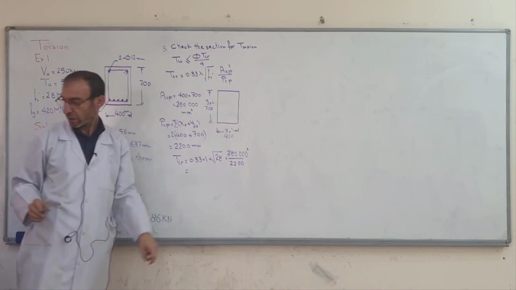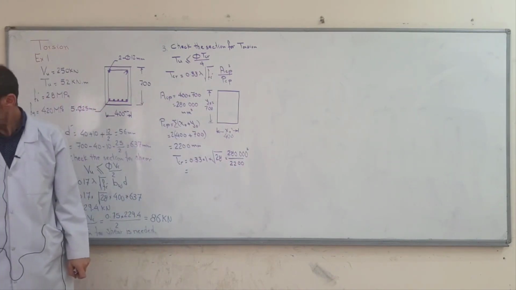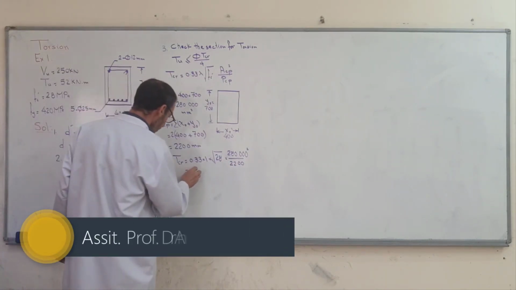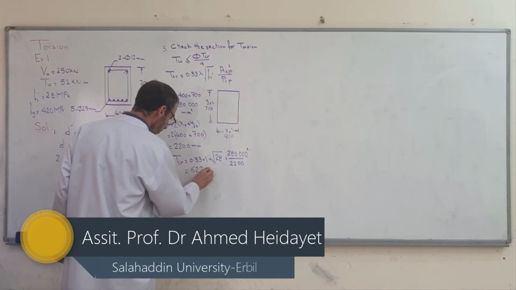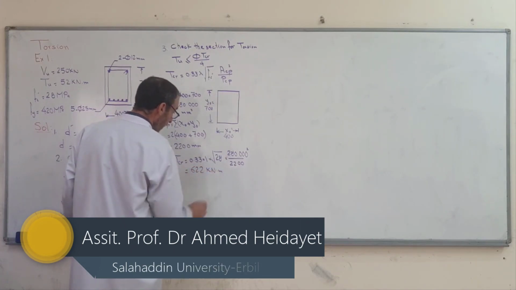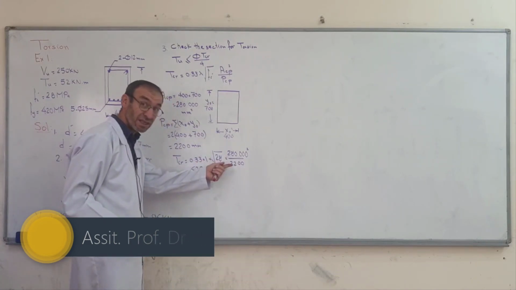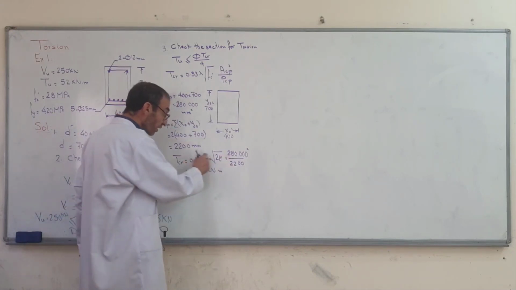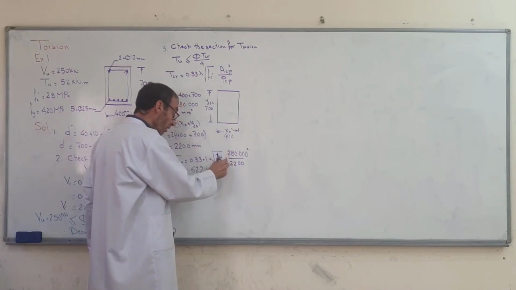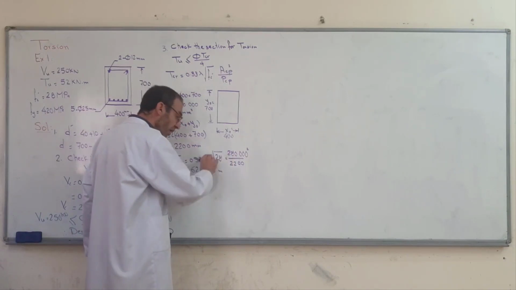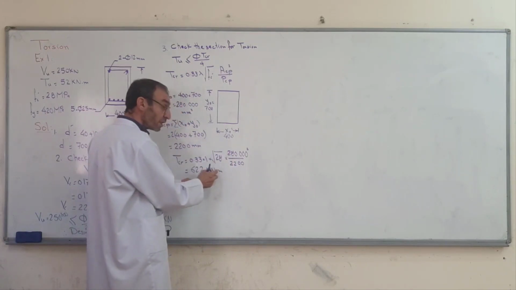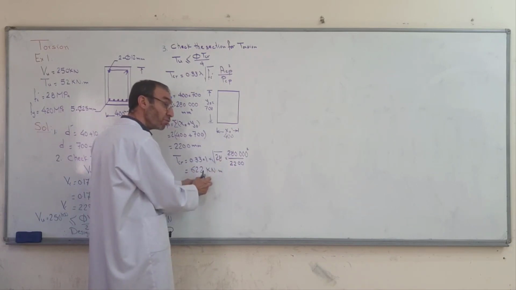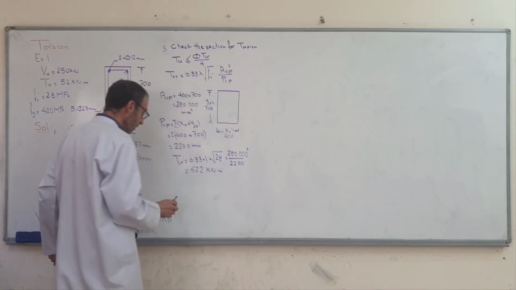We found T crack equal to 20.2. Everything in this equation is in Newton and millimeter, so we get the result in Newton millimeter. We transfer to kilonewton meter by dividing by 10 to the power 6.